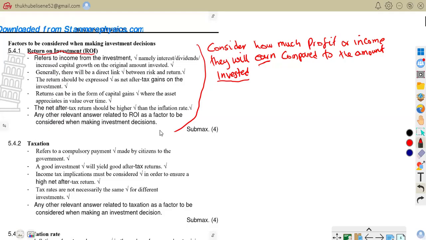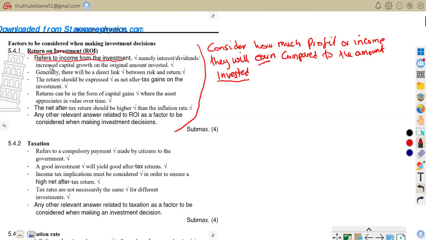For example, you are going to choose between a savings account, which sometimes is a 5% return, and shares, where the return is 12%. So you need to know, if I go for savings, how much is the return? 5%. But if I go and buy shares, I'm going to get a 12% return. So you're going to try by all means to see the income from the investment.